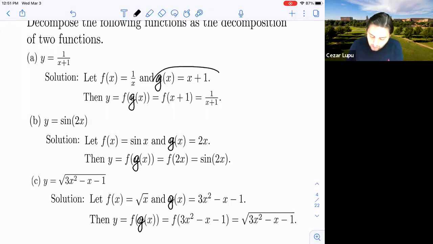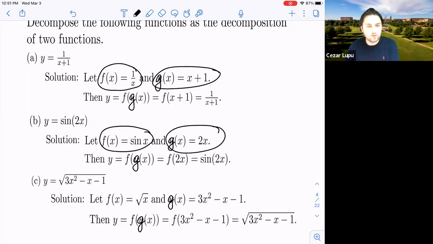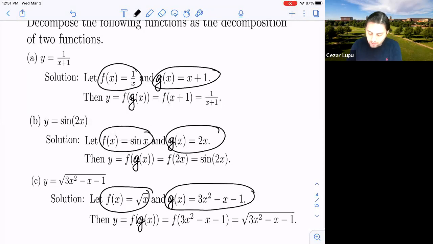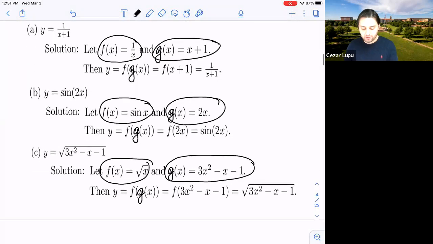So g is x plus 1, f of x is 1 over x, just like we said. Here in this case, f of x is sine of x, and g of x is 2x. And here f of x is the square root of x, and g of x is this quadratic function, 3x squared minus x minus 1. All right, so this is how we see the composite functions.